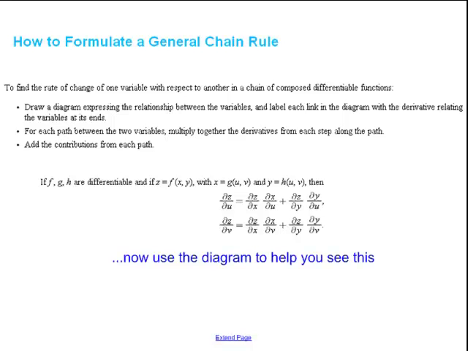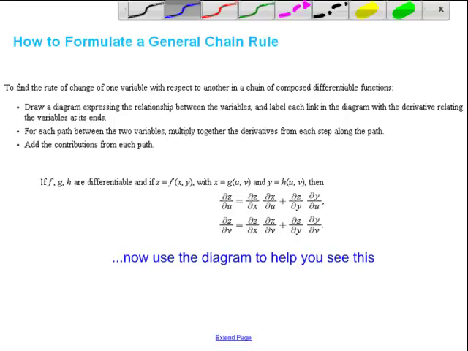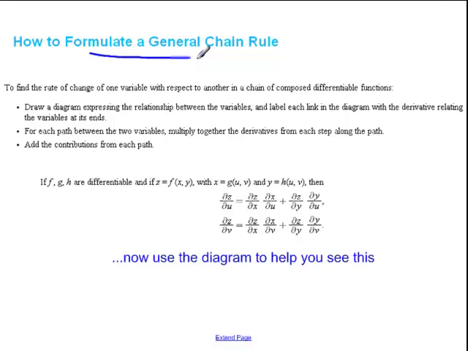Okay, so now let's think about this in terms of a general chain rule. So when we have some function in terms of x and y, and then x and y are both in terms of some other variables, let's say u and v. So we know that x is a function of u and v, instead of just one variable, time.